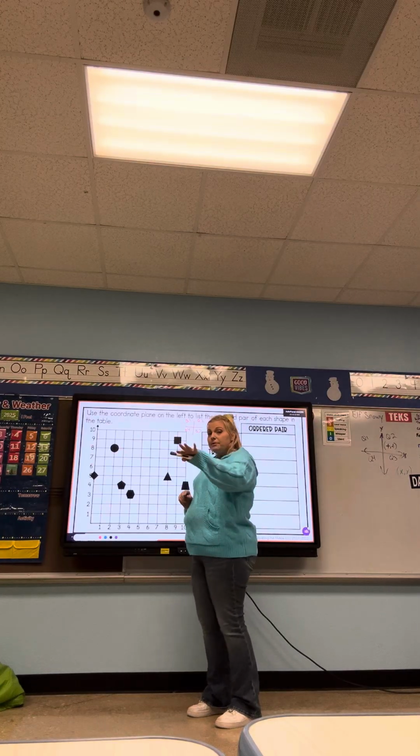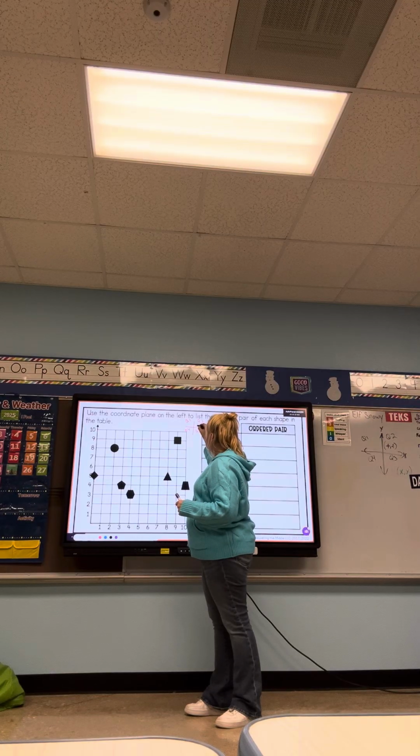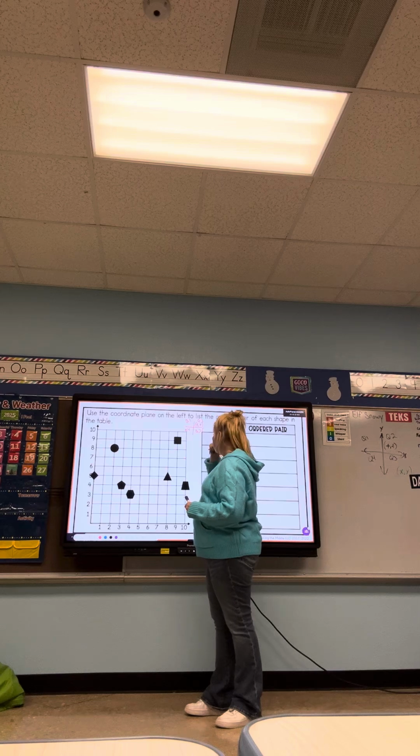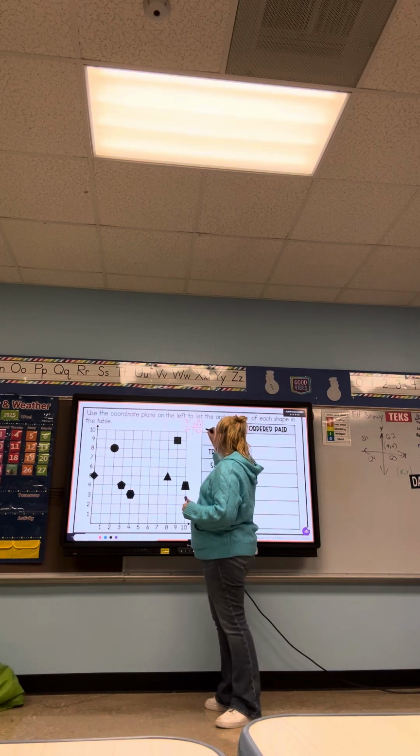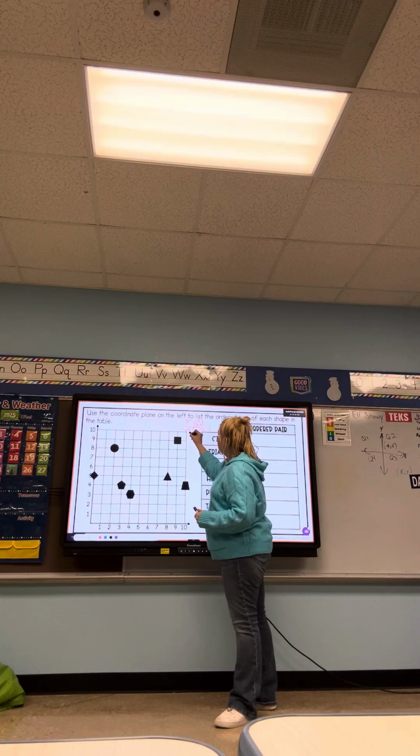Because on your exemplar, you should have it written down that in this quadrant, it's a positive and a positive. This quadrant is a positive and a negative. Then this one is a negative and a positive, and this one is a negative and a negative.